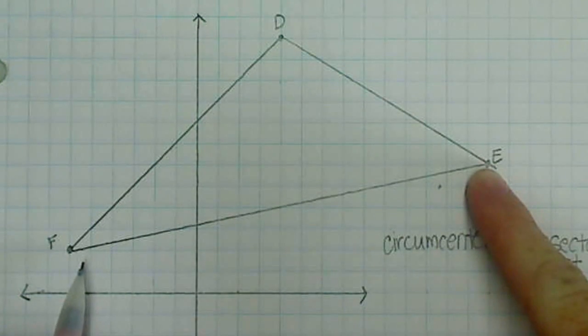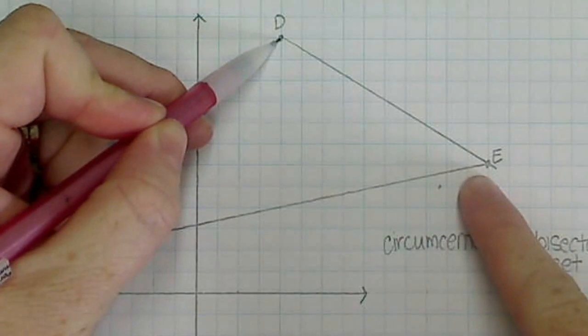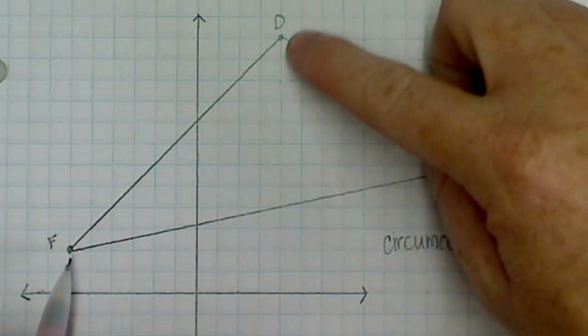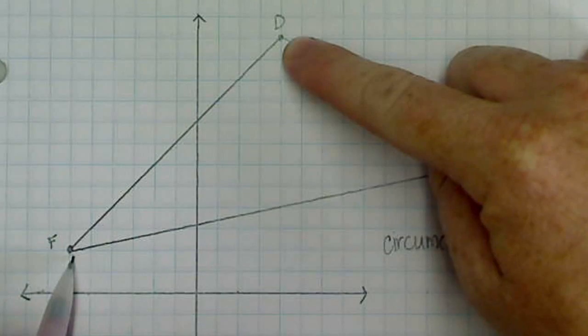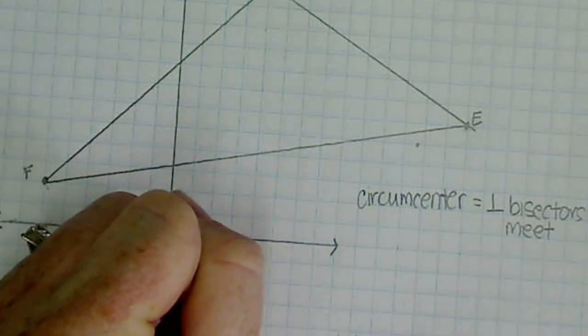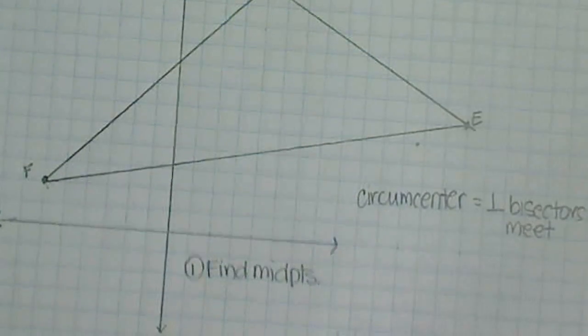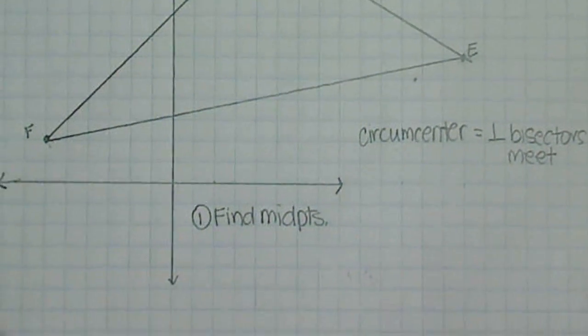So the easiest thing to do first is to find where is the midpoint of FE, where is the midpoint of DE, and where is the midpoint of DF. That's our first step, is find all the midpoints. We can do that by using our midpoint formula.